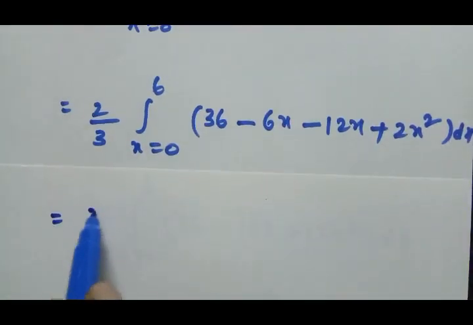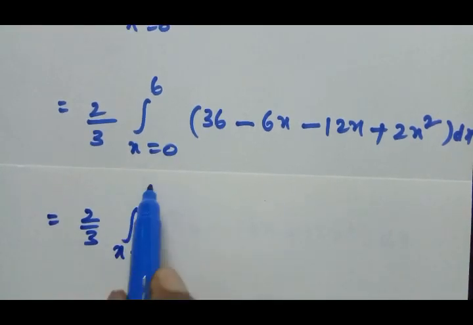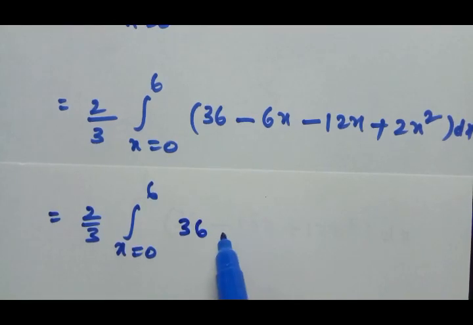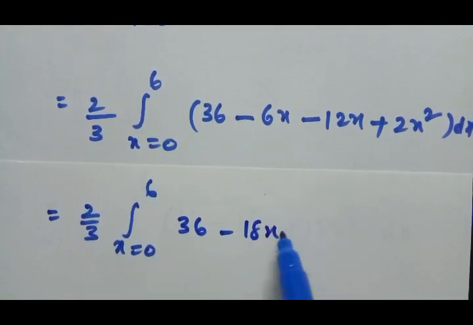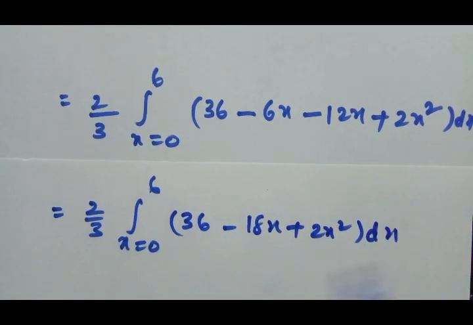This is equal to 2 by 3 integral x equal to 0 to 6, 36 minus 18x plus 2x square into dx.